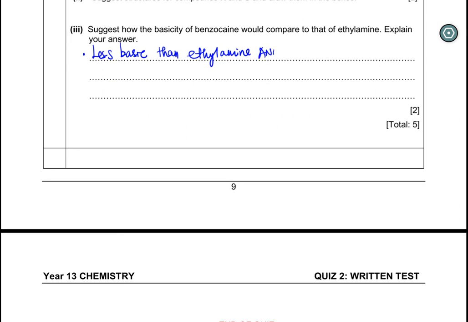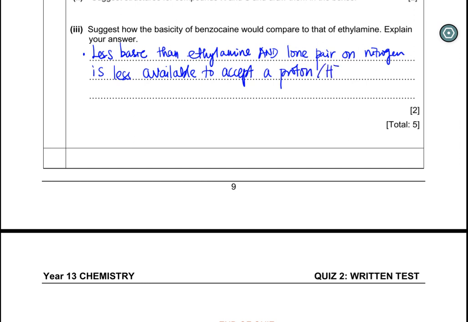The reason would be the lone pair on nitrogen is less available. This is the N effect. You can just add: less available to accept proton. So that leads it to be less basic.